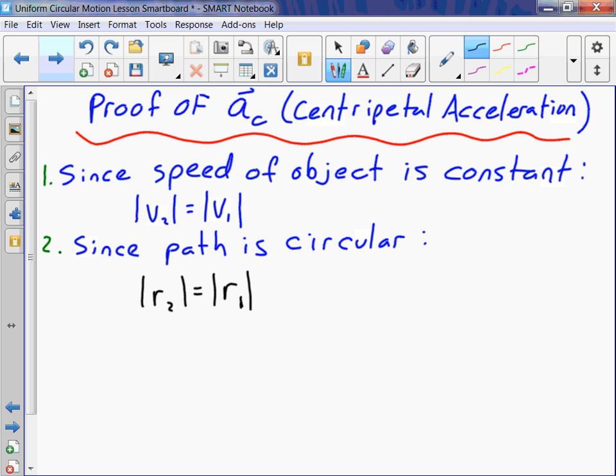And the magnitude of the radius vector is the same as well because it's a circular path. We know that the definition of a circle is a set of points which are equidistant to one point.